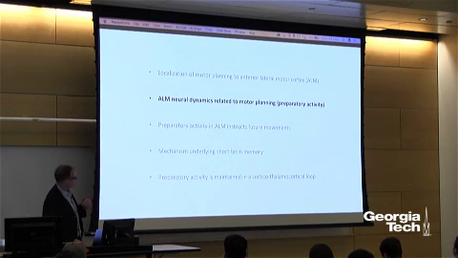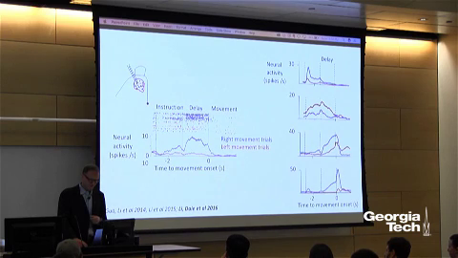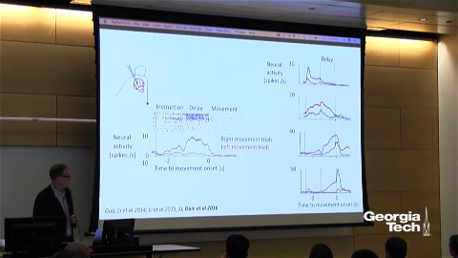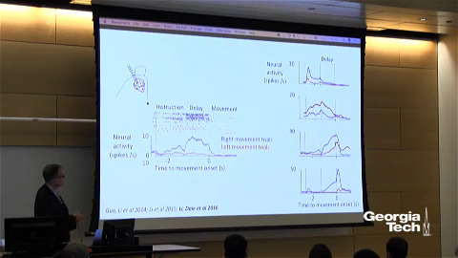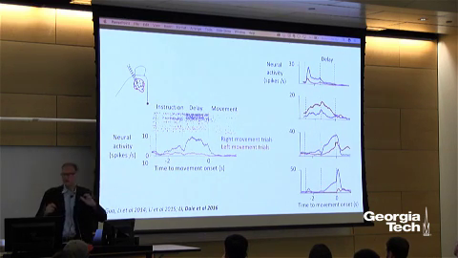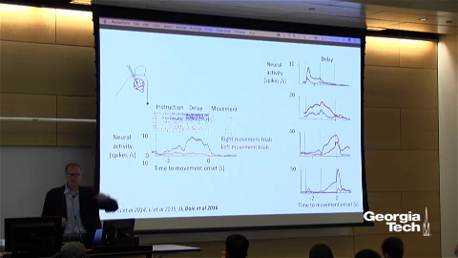So now let's perform a detailed analysis of preparatory activity in ALM. I'll just show you one way we think about preparatory activity there. On the left is the neuron that you've seen earlier. On the right are 4 additional neurons. These are peristimulus time histograms of 4 neurons to highlight the diversity of what you might see on one electrode, intermingled neurons.